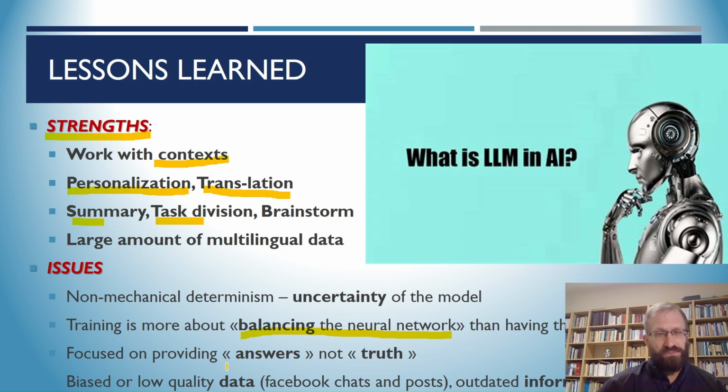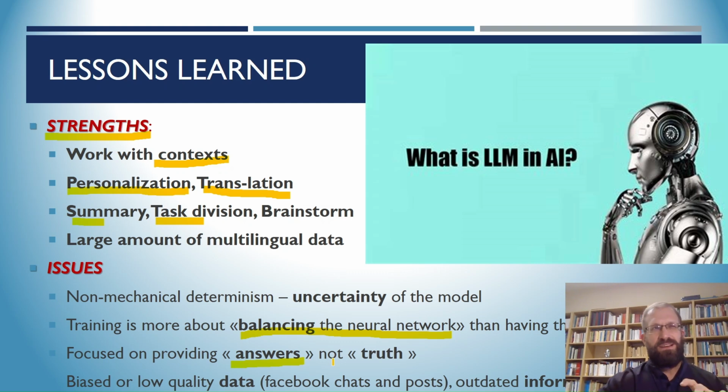Also, the algorithm is made to give you answers. Always. It will always answer in a certain way. It's not bothering itself with truth and good information. The main focus is to respond, to remain in conversation.